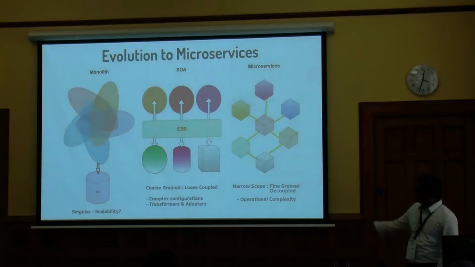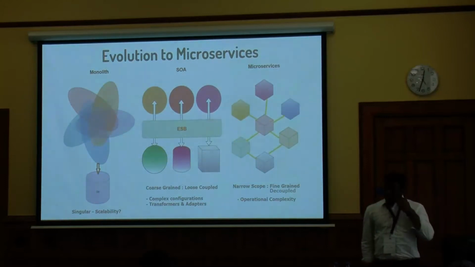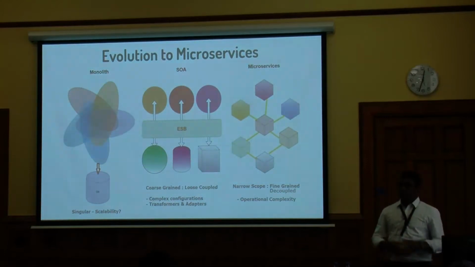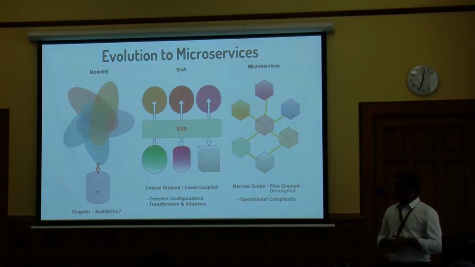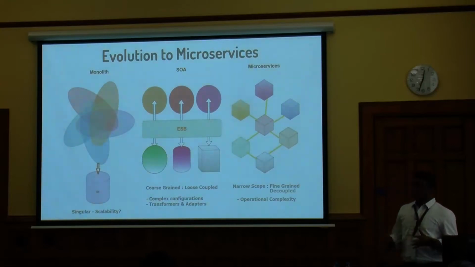But the disadvantage is the complex configurations, the transformers and adapters, and you need to change from XML to JSON. You need to take the message, enrich it, and then split up the messages. You do a lot of enterprise integration patterns in SOA, which over time becomes more and more complex.